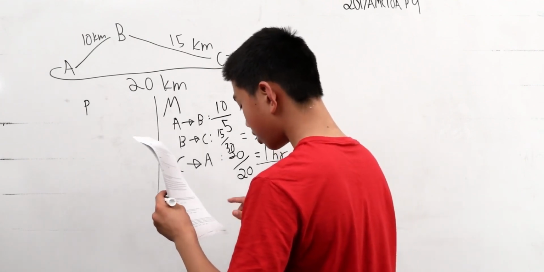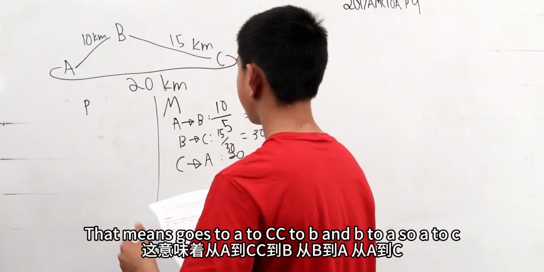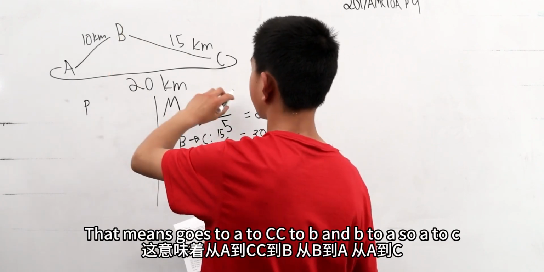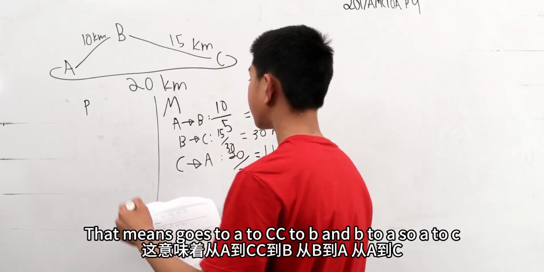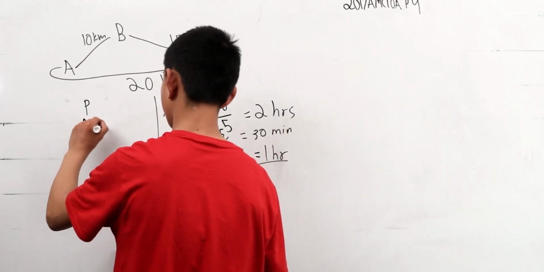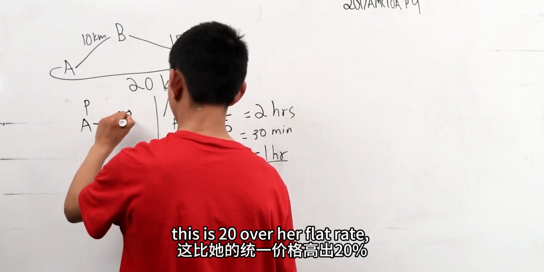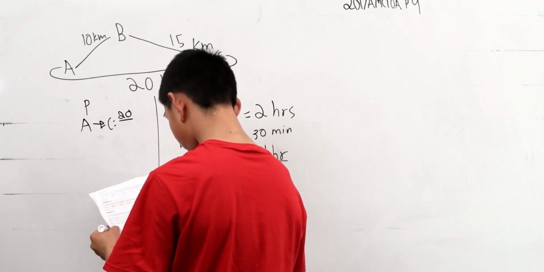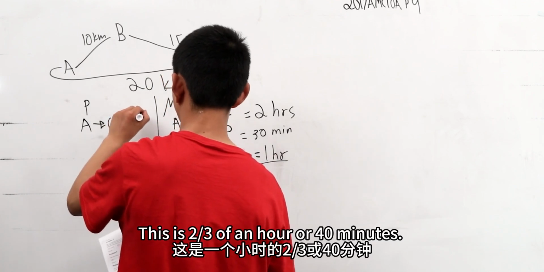Okay, so Penny goes the other way around. That means she goes A to C, C to B, and B to A. So A to C. This is 20 over her flat rate, which is 30. This is 2/3 of an hour, or 40 minutes.